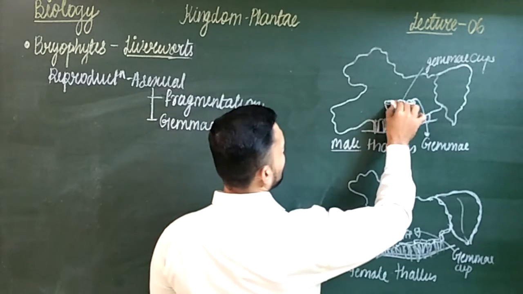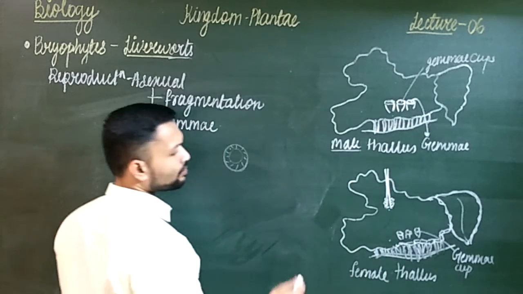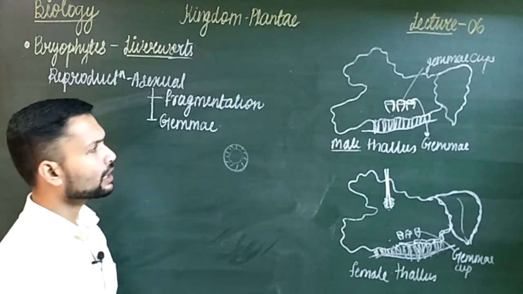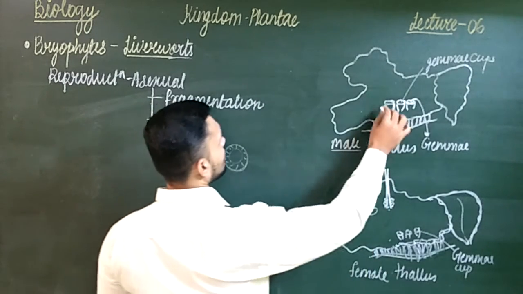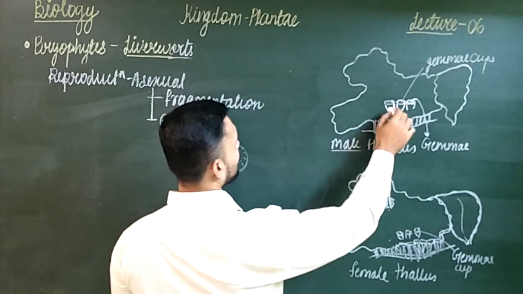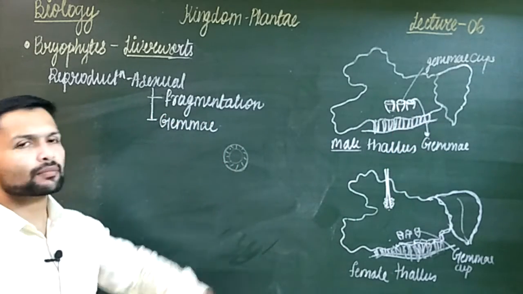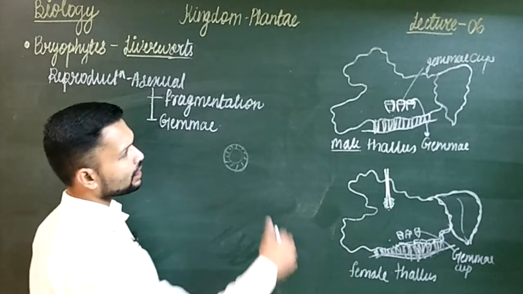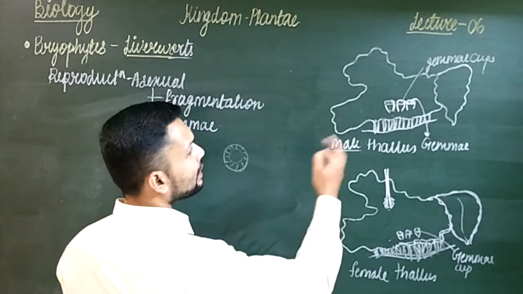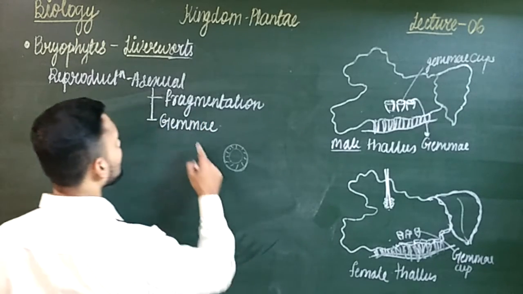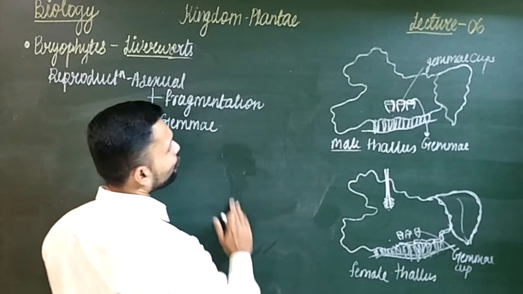Generally those gemmae are formed in these gemmae cups present on the respective plant body, and when these gemmae come out, they germinate into the new plant body, directly into the gametophyte. So this is the second mode of reproduction.